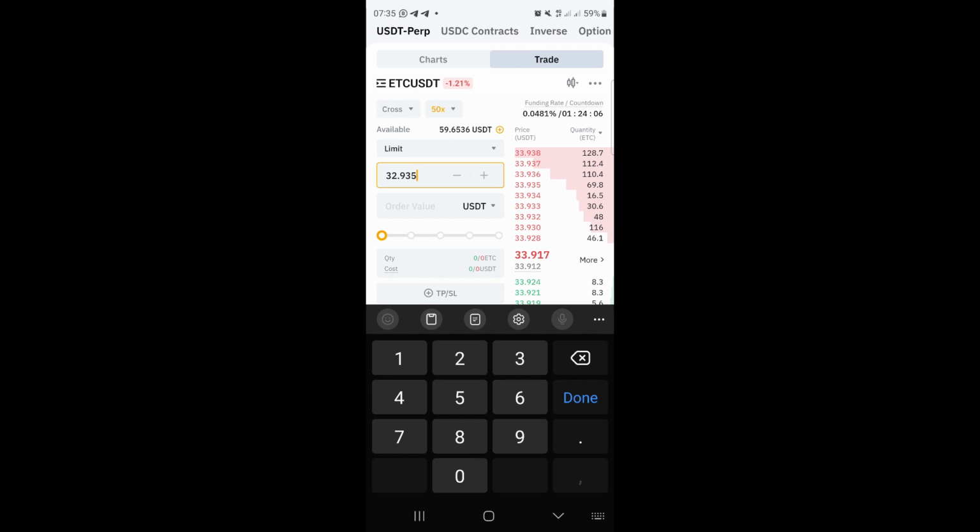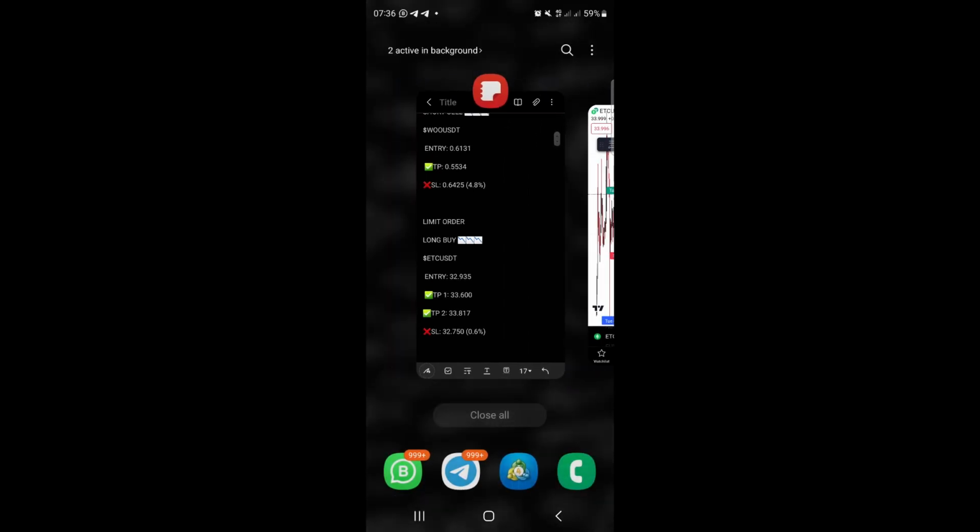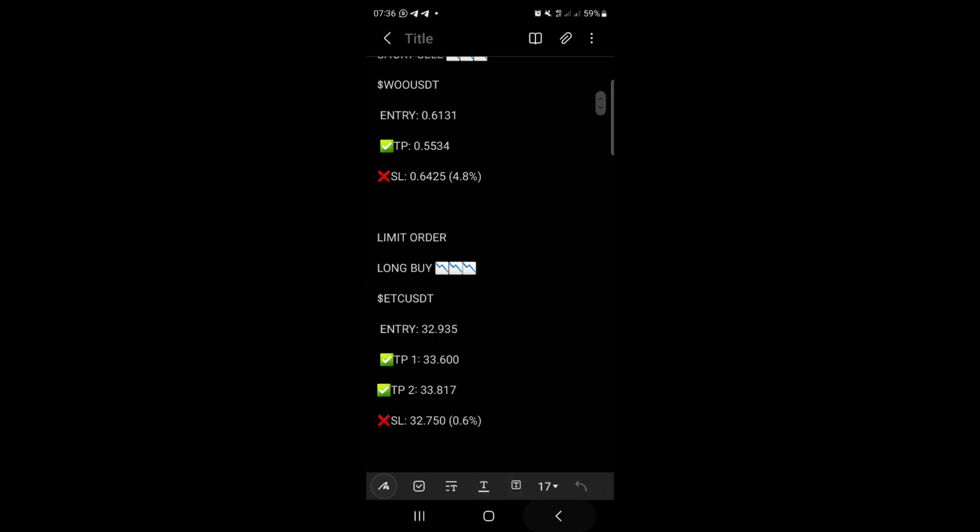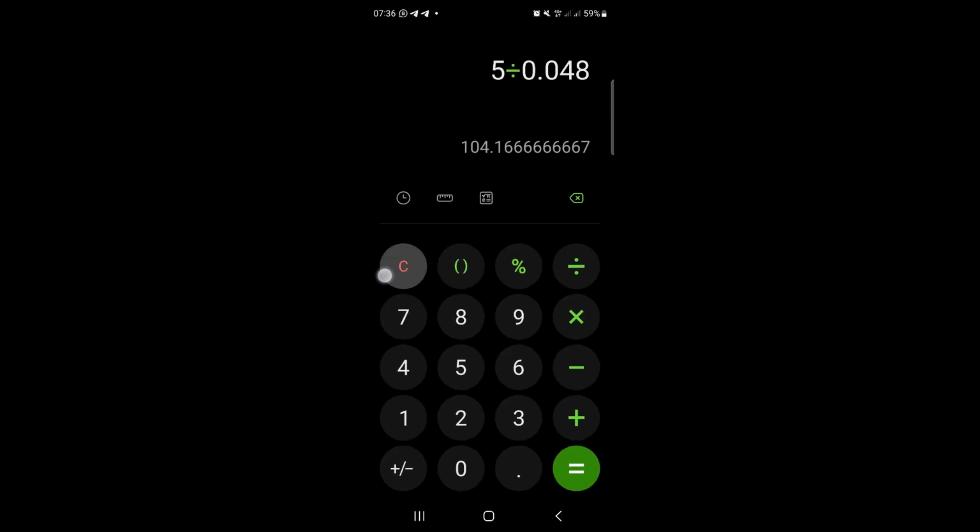Then to get your order value, I told you you're going to divide your affordable risk by your stop loss percentage. Now the stop loss percentage is 0.6%. Like I always say, 0.6% means that you divide by 100. Go to your calculator, 0.6 divided by 100, you're going to get 0.006.